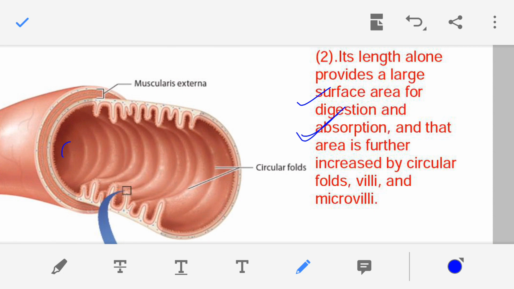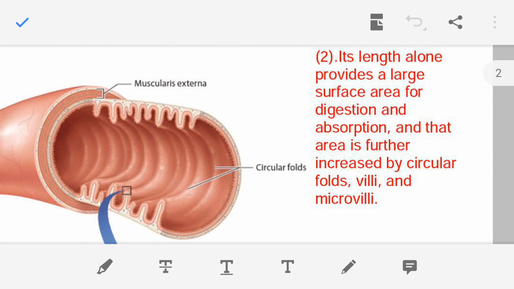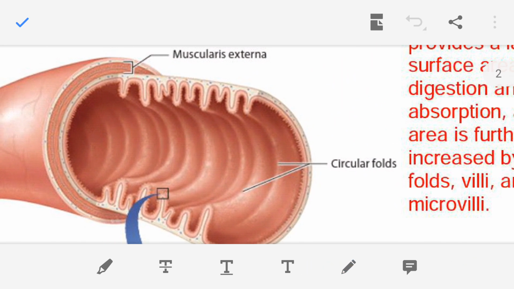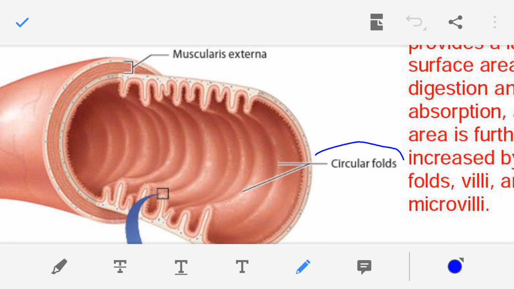this one, as you can see, this is the lumen of small intestine, and this lumen is surrounded by this one, the wall of the small intestine. And when we try to observe this wall, the layers of the small intestine, we will find that in the small intestine the circular folds are present. For example, I am zooming this figure so that you can see it properly.